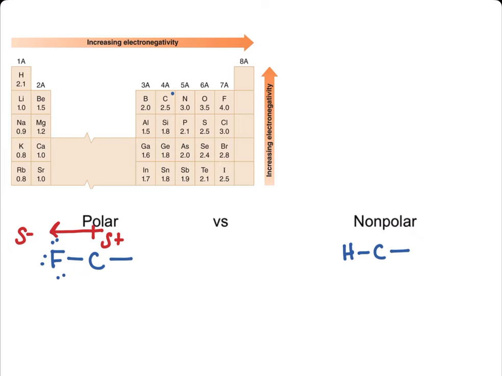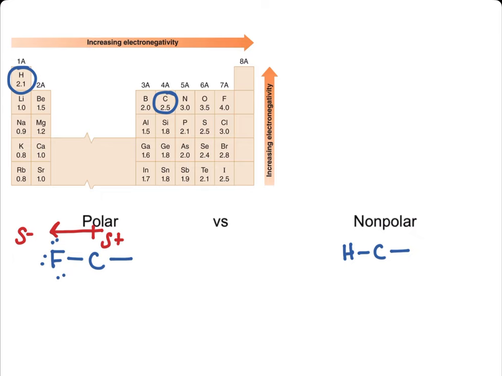Let's take a look at the carbon-hydrogen bond. So we are comparing carbon to hydrogen. Carbon has an electronegative value of 2.5 and hydrogen has a value of 2.1. When you subtract 2.5 minus 2.1, you get a small value of 0.4. 0.4 is a small value, not enough for a very large tug.